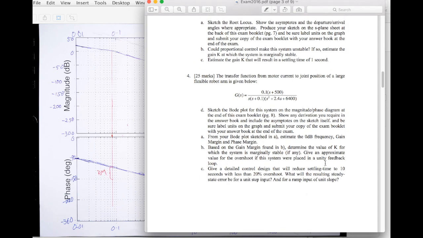The objective here is to reduce the settling time to 10 seconds and achieve less than 20% overshoot. We just started talking about this at the end of the lecture, but here we want to go through this design in complete detail. Then there's a couple of follow-up questions about the steady state errors. So we'll do the design first.